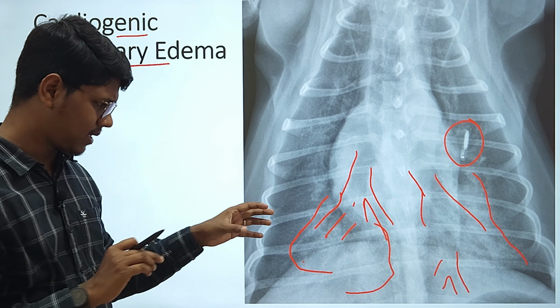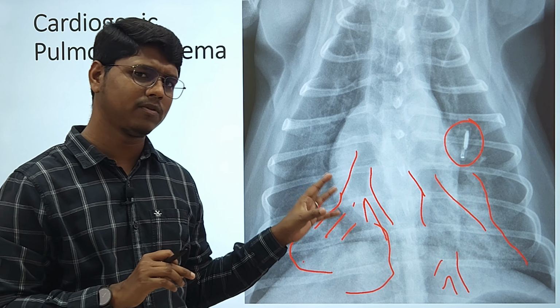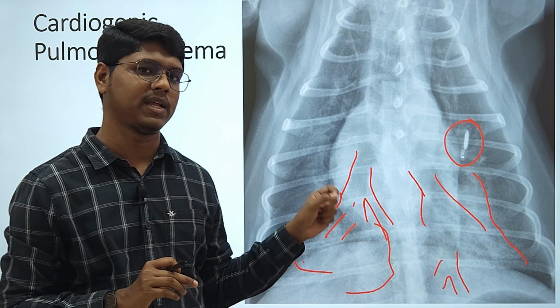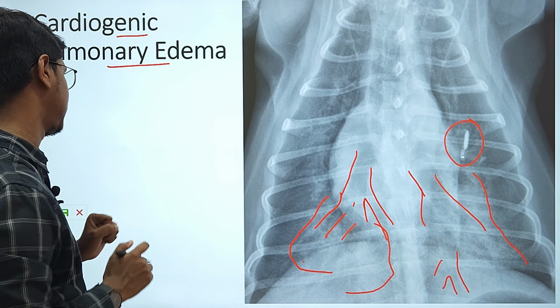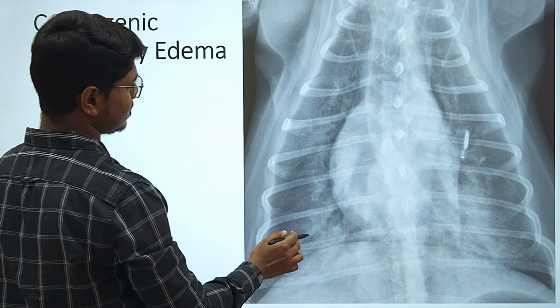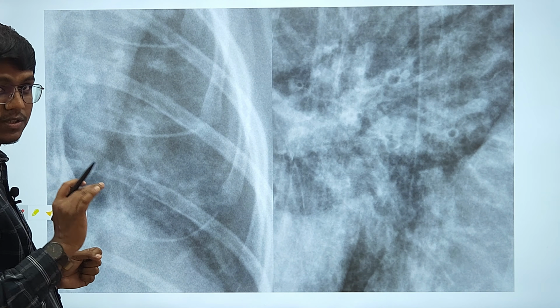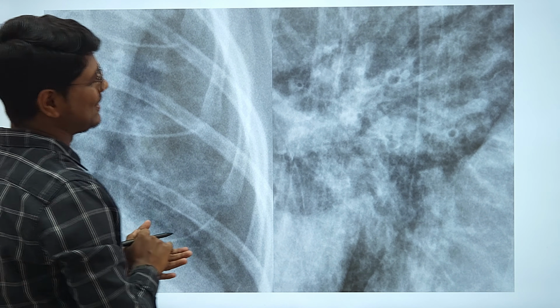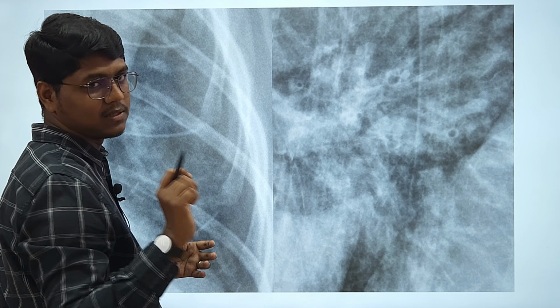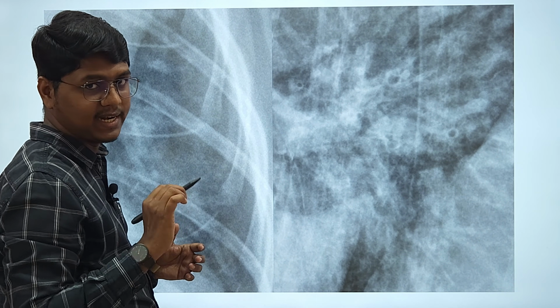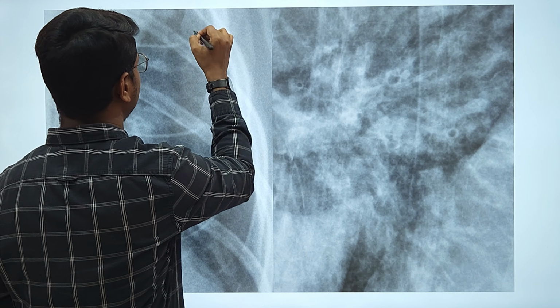Many times in many animals, many breeds, you will find this particular alveolar pattern in case of pulmonary edema which is cardiogenic. But in some cats and large breed dogs, you will find the bronchial pattern, especially when the pulmonary edema is due to cardiomyopathy.